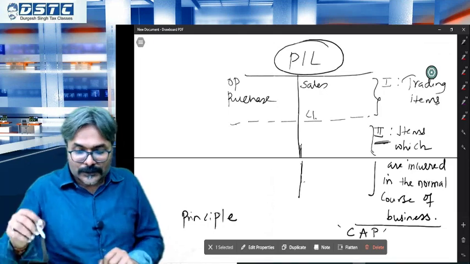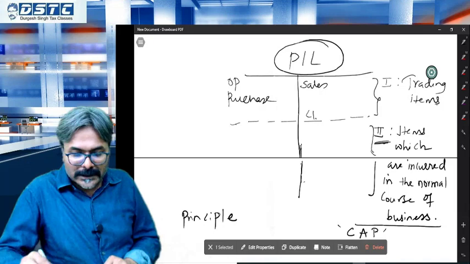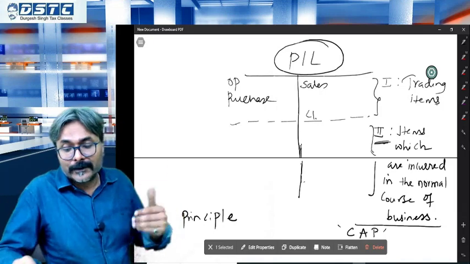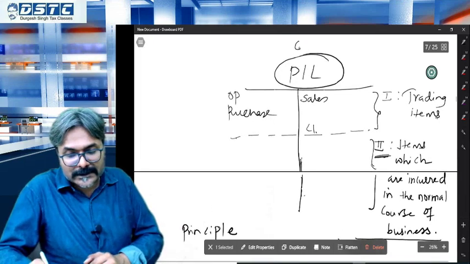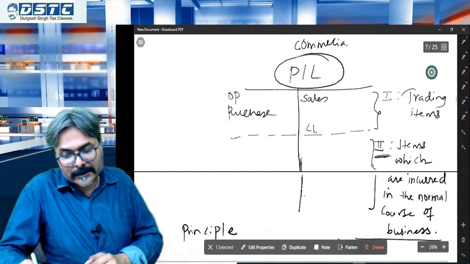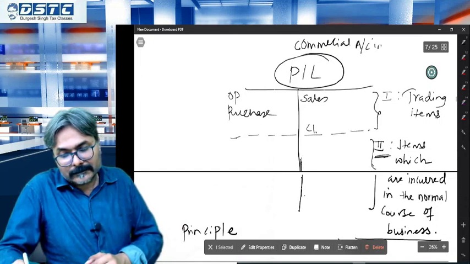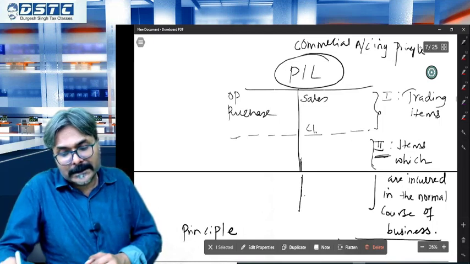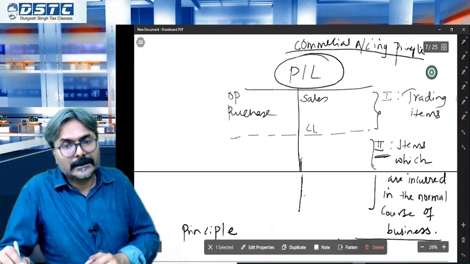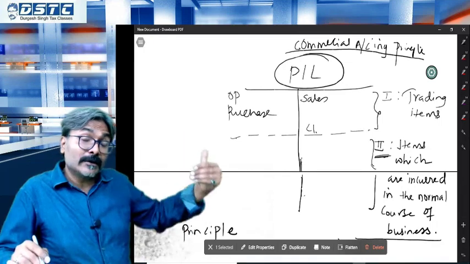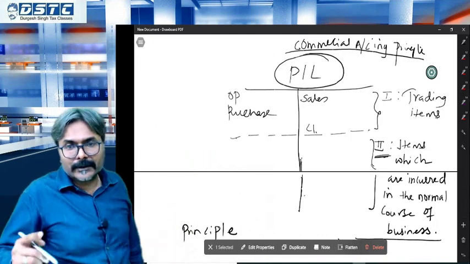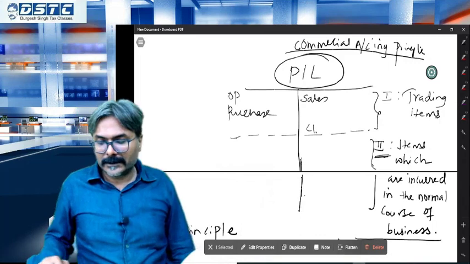Okay. So students, before I start giving you the notes, in your note section, towards the end of the topic, I want you to capture this first. Give the heading: commercial accounting principle. And prepare this particular format. I want this format to be made. All of you, quickly do this.